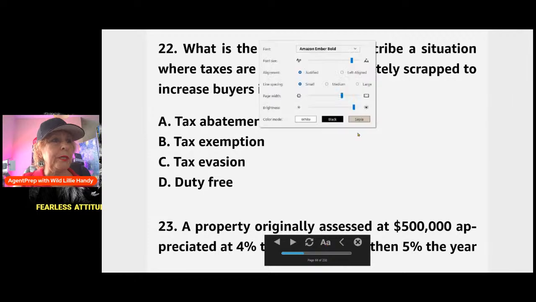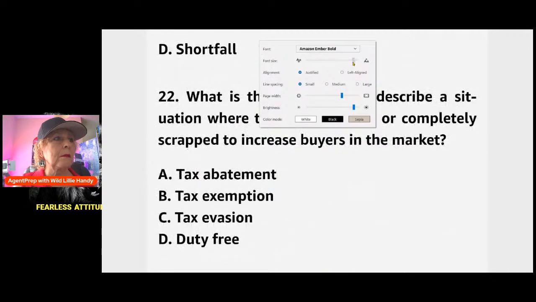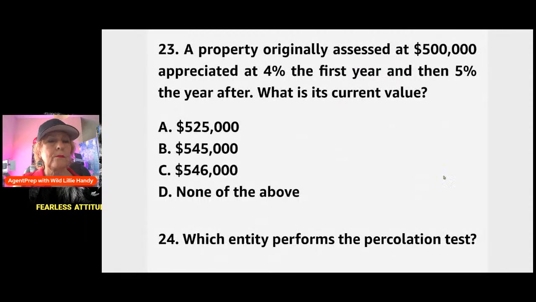Number 23. A property originally assessed at $500,000 appreciated at 4% the first year, then 5% the year after. What is the current value? Okay, so we use a T formula. So it assessed at $500,000 originally.